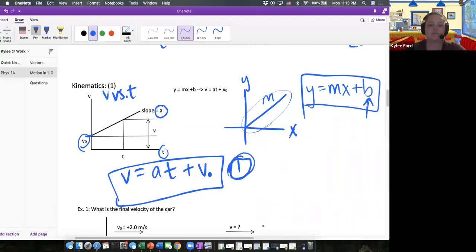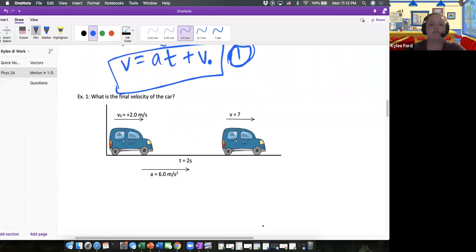All right. So I want to give you guys an example real quick. Say we have a car traveling with initial velocity of 2 meters per second and an acceleration of 6.0 meters per second squared.